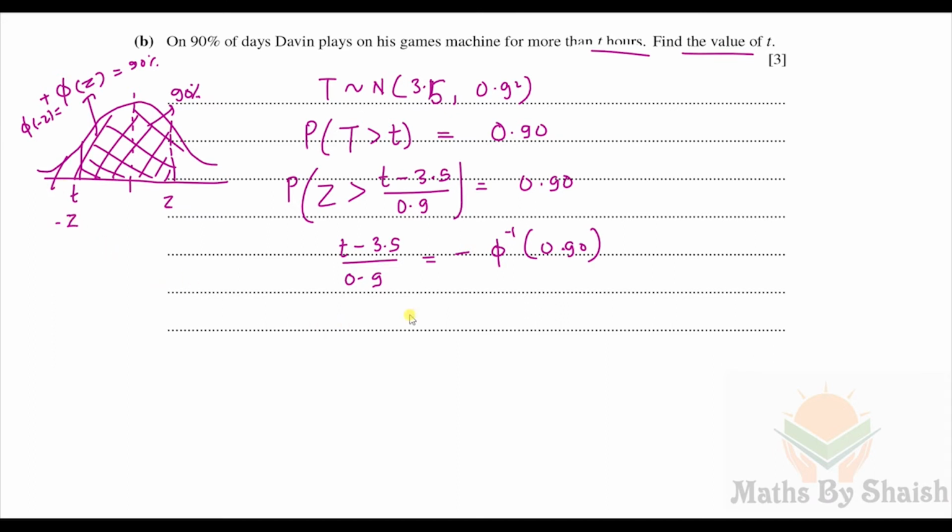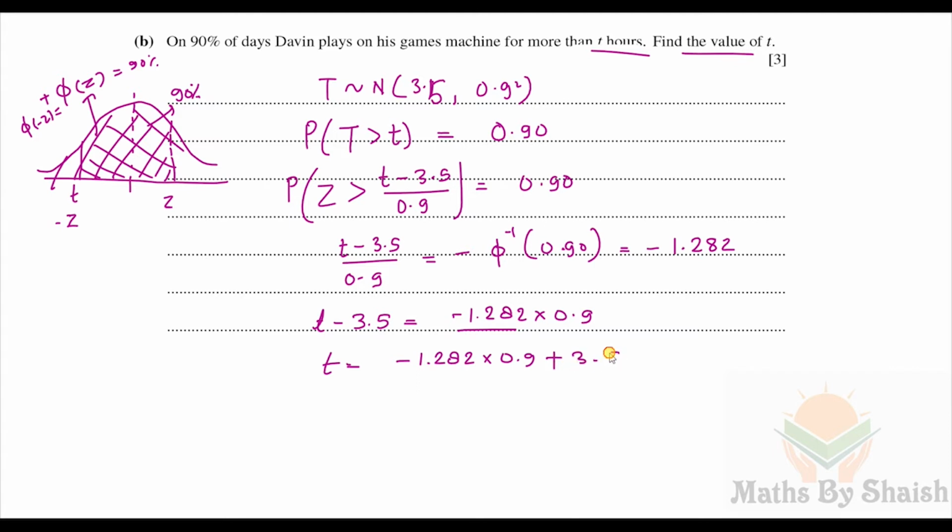So now phi inverse of this value is 1.282, so it becomes t minus 3.5 is equal to minus 1.282 into 0.9, and then t would be minus 1.282 multiplied by 0.9, oh sorry, not divide, it is going to be sum because it is minus here, so plus 3.5.